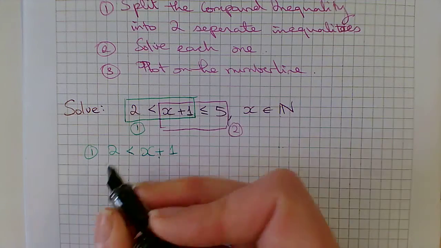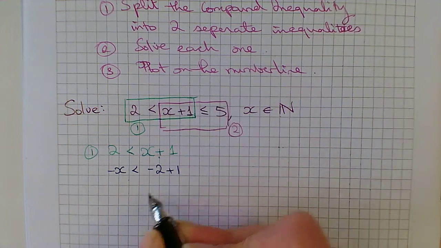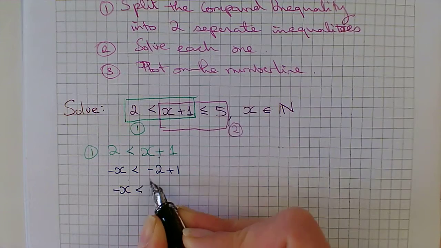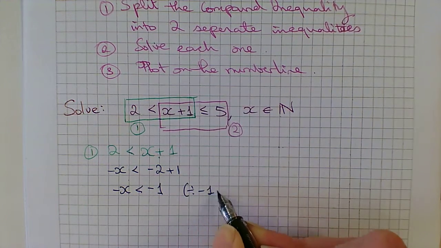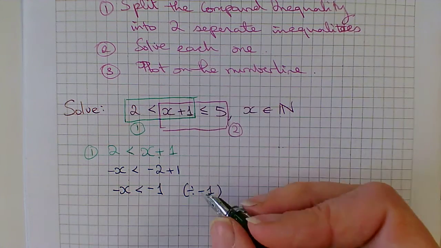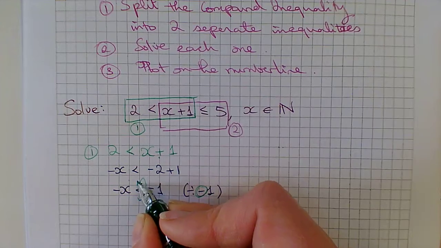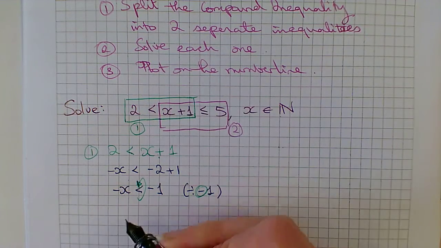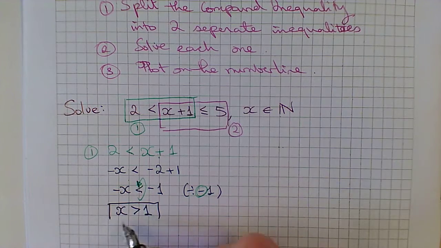So letters left, numbers right, I get a negative x less than minus 2 plus 1. Negative x is less than minus 1, and I'm going to divide across by minus 1 to change the signs, but when I divide by a negative number, I must change my inequality symbol around, giving me that x is greater than 1. There's my first piece of information.